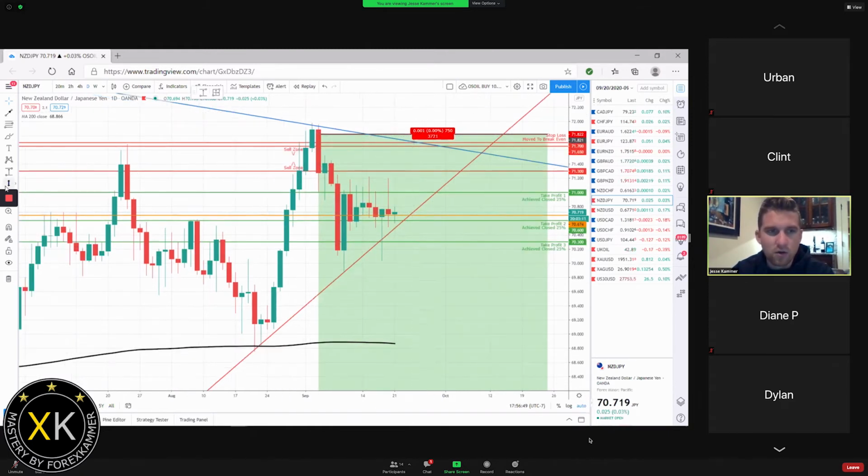So scenario one would be we'll see a strong break below, and probably test this level right at 70. We'll see that strong break. Or scenario two is we're going to see this push back up to the sell zone. We'll get short on the sell zone, and then we'll see another move down.